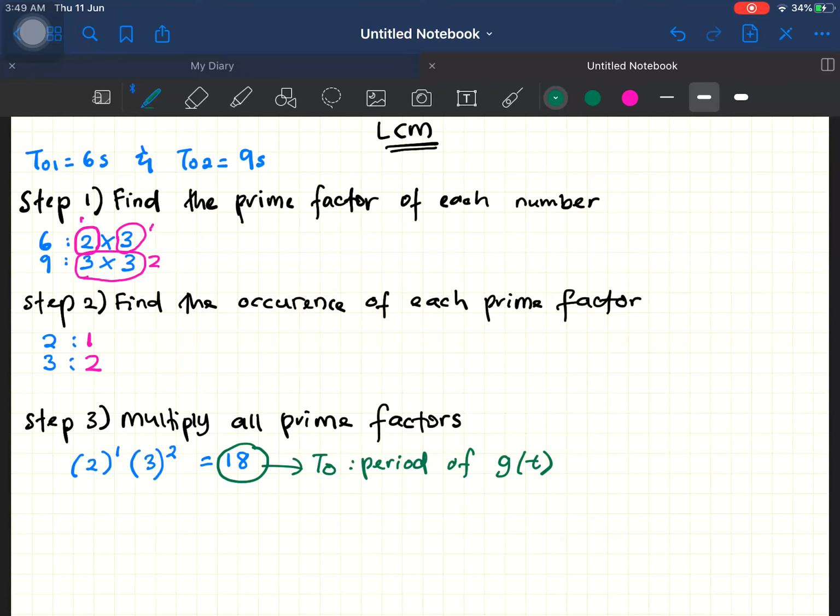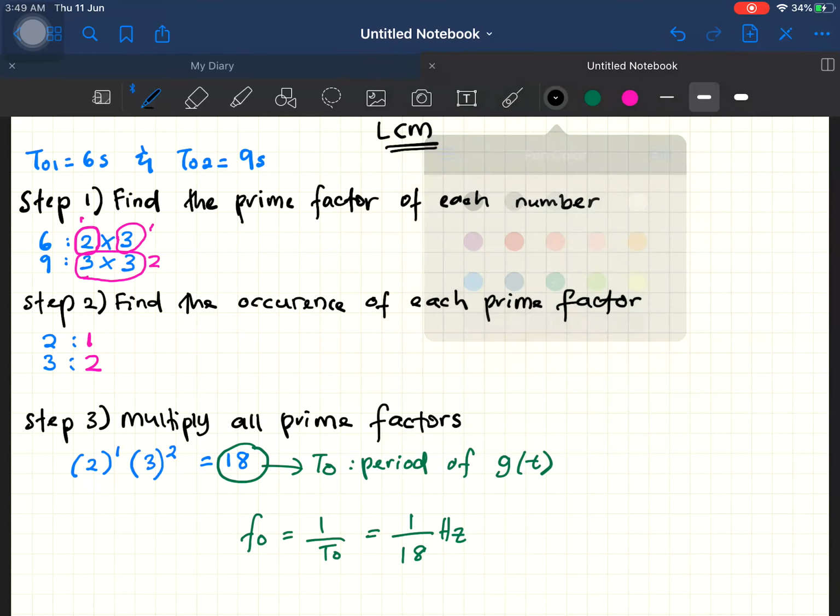Once you get T naught, you can find f naught, which is 1 over T naught, so it's 1 over 18 Hertz.